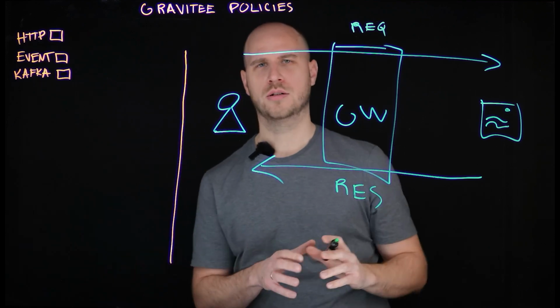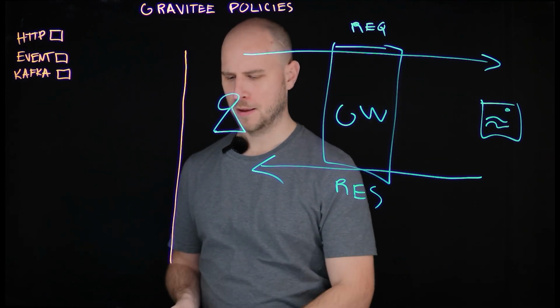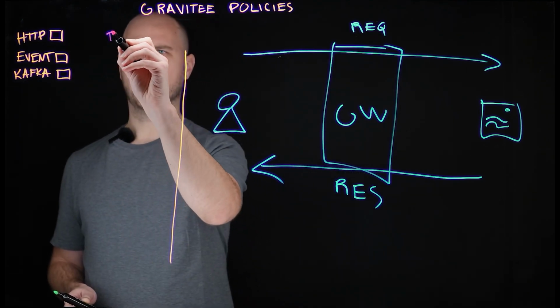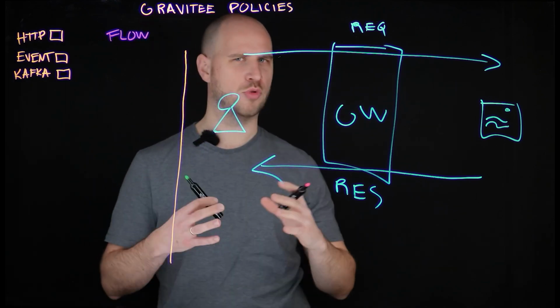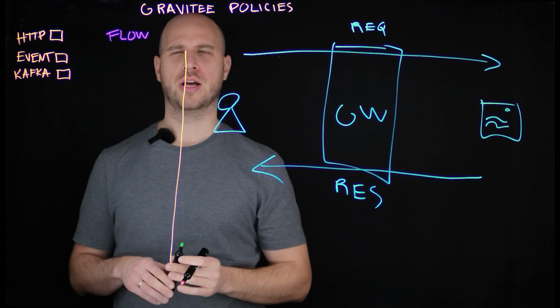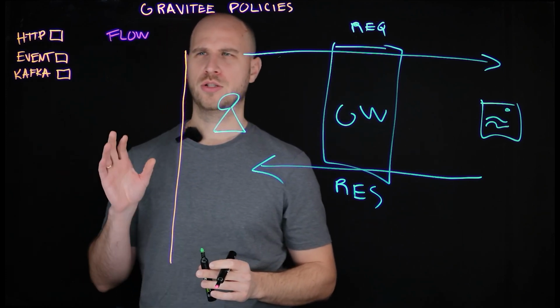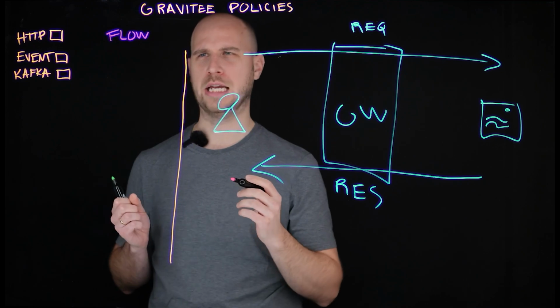So in Gravitee, what happens is you define something called a flow. A flow is effectively a grouping of policies, such as rate limiting and transformations, that are executed based on a couple of different factors. First of all, in Gravitee, as we've talked about, you have the concept of a plan.